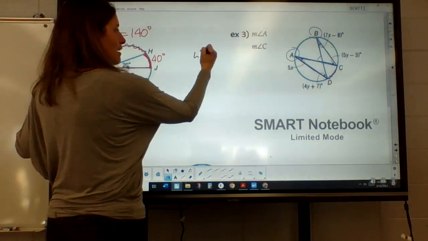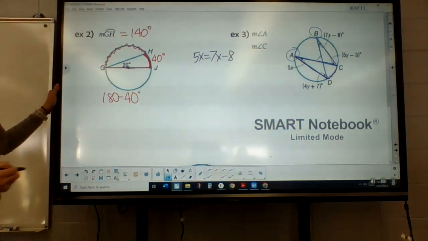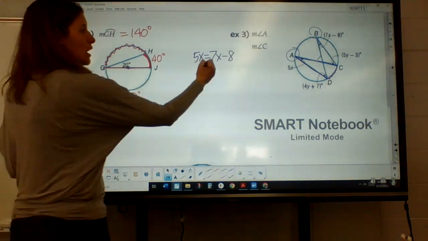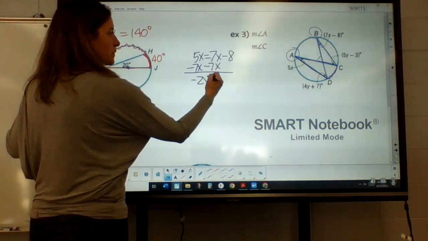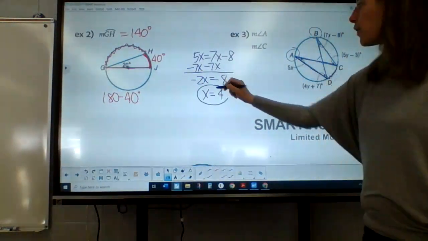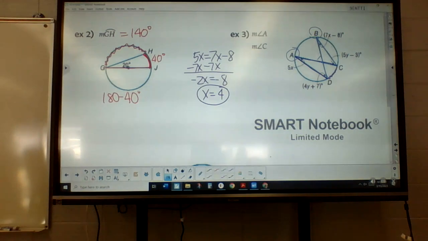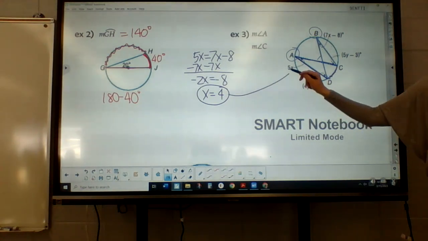So we're going to figure out what A or B is. We're going to say that 5x needs to equal 7x minus 8. I'm going to move this 7x over. I'm going to divide and find out x is 4. Once I know x is 4, I'm going to figure out the measure of angle A by putting that back in.